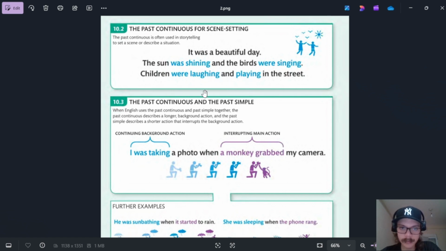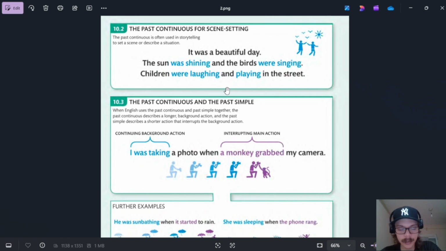Okay? Now, technically, you could say children were laughing and children were playing in the street. This creates two situations. The first one, it could sound redundant if you're talking about the same group of children, right?